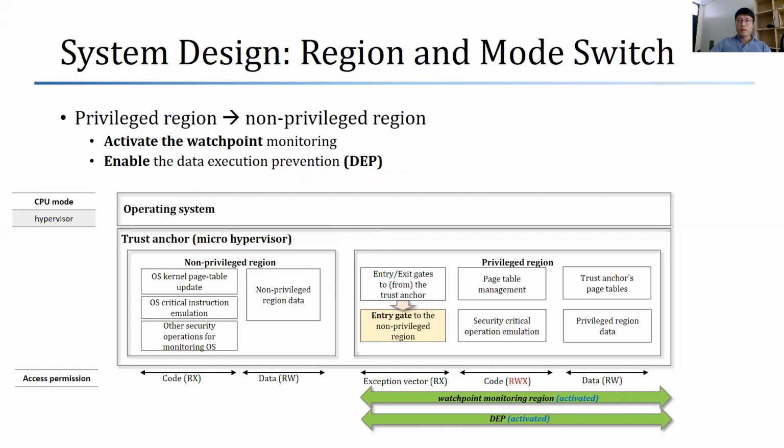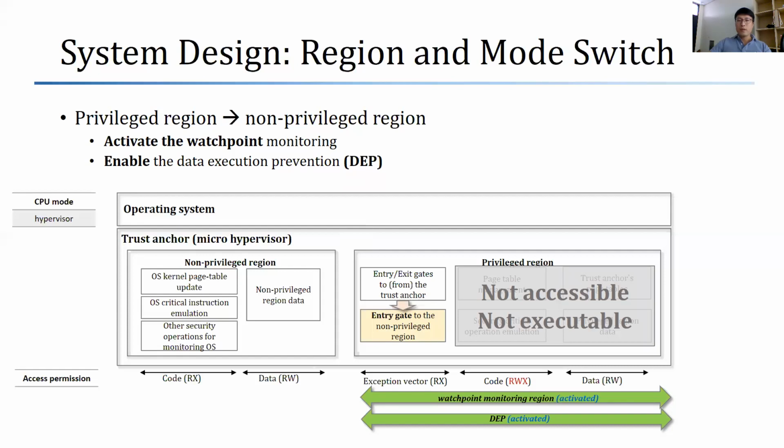This is achieved by setting the watchpoint and DEP that enforces the writable region to be non-executable. Note that the region monitored by the watchpoint is already set by the entry gate to the hypervisor, so the entry gate to the non-privileged region simply activates the watchpoint monitoring. Besides, it activates the DEP to enforce the non-executability of the privileged region.